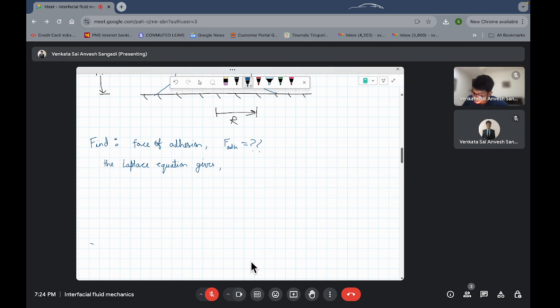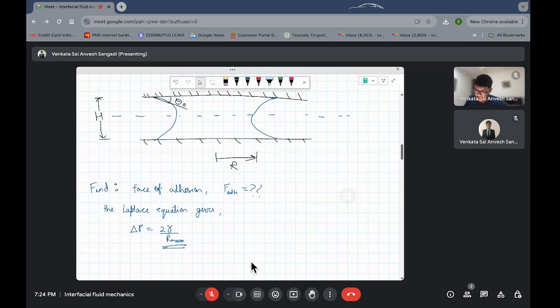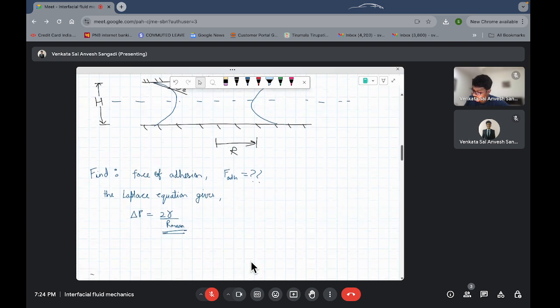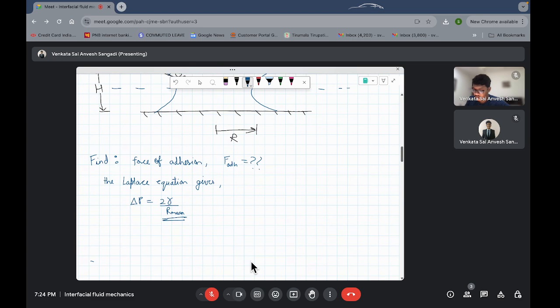The Laplace equation gives del P is equal to 2 gamma by R mean. So we need to find out the R mean here.